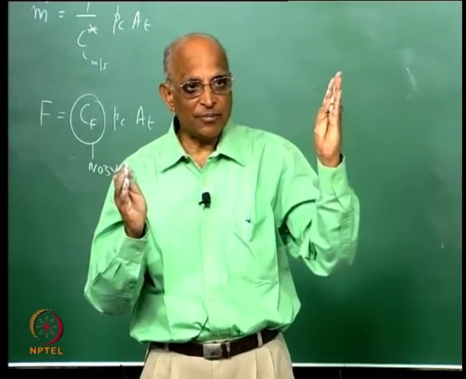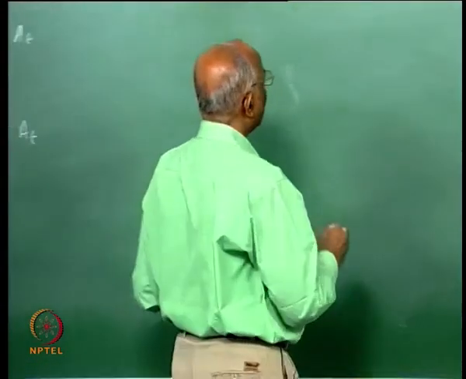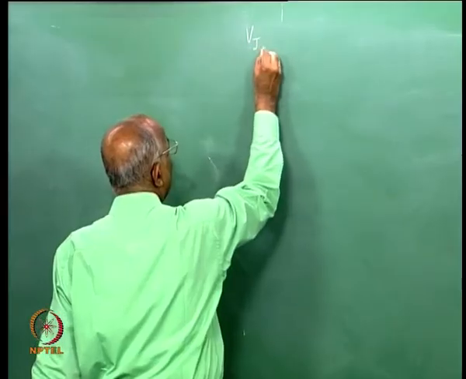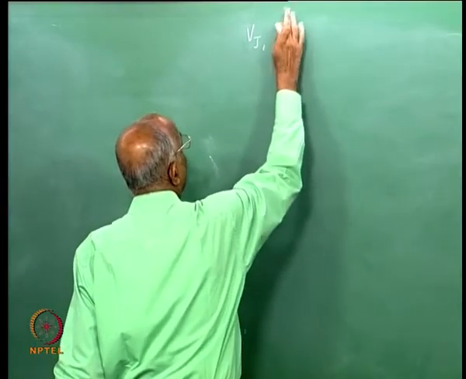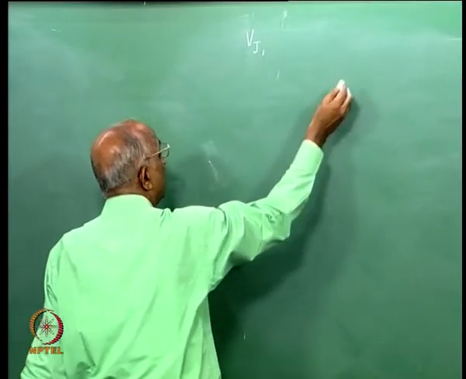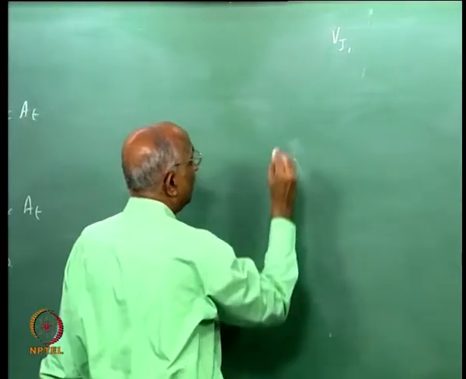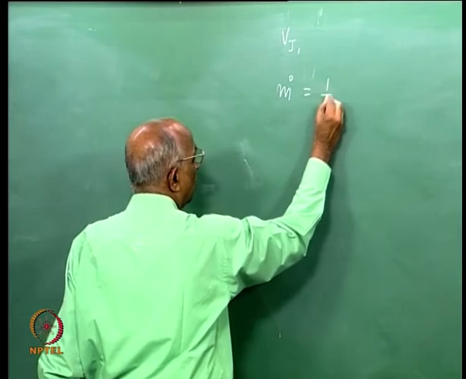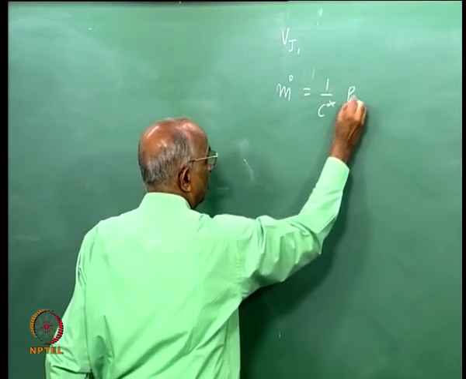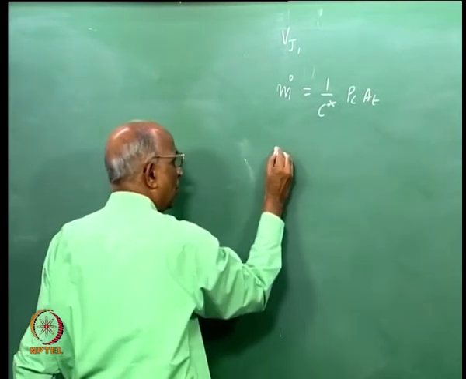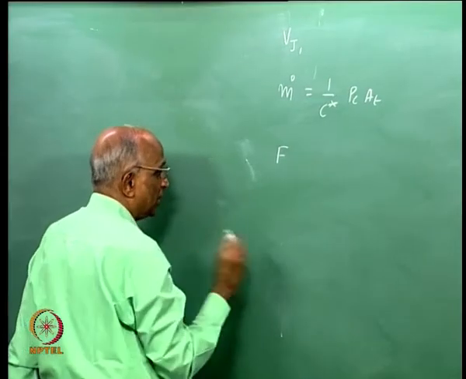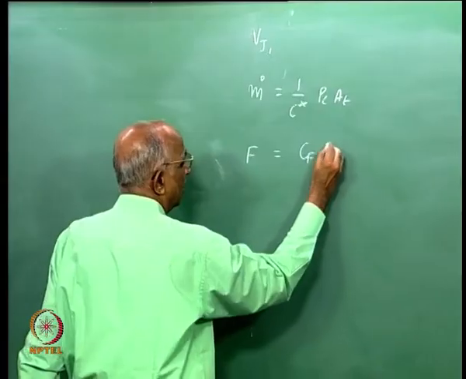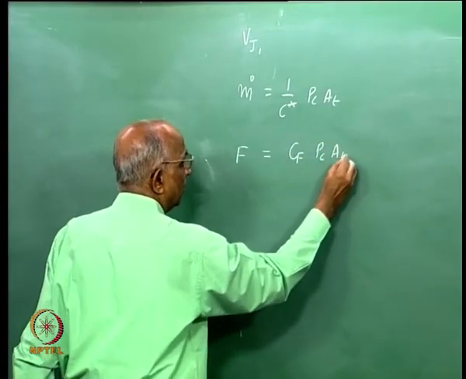So far it is all one dimensional, and for one dimensional flow we derived all the expressions for Vj, we derived the expression for underexpanded, overexpanded, maybe flow outside the nozzle and all that, and now we find I can write m dot is equal to 1 over C star into Pc At. We also derived the expression for the thrust from basics. We find it is equal to a coefficient into Pc into At.